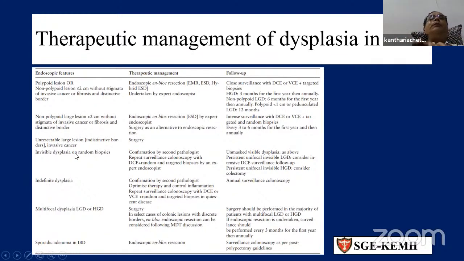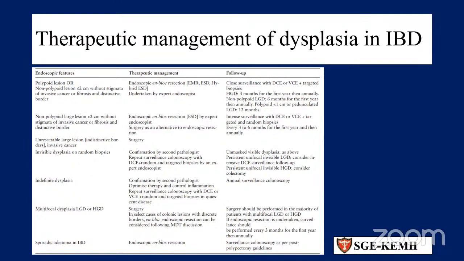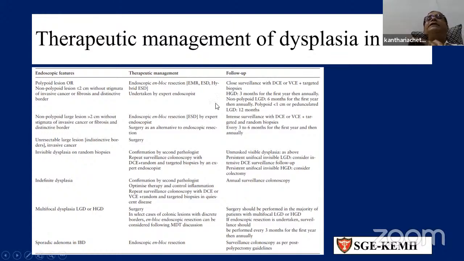If there is a polypoid or non-polypoid lesion less than 2 centimeters, without stigmata of invasive malignancy, fibrosis, or distinctive border, then you could do an endoscopic en bloc resection, that is either endoscopic mucosal resection, submucosal dissection, or a hybrid technique, and it should be undertaken by expert endoscopists. These patients are then followed up post-procedurally with close surveillance with either chromoendoscopy or targeted biopsy.